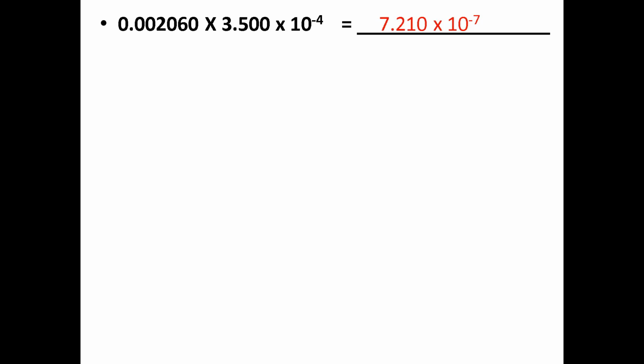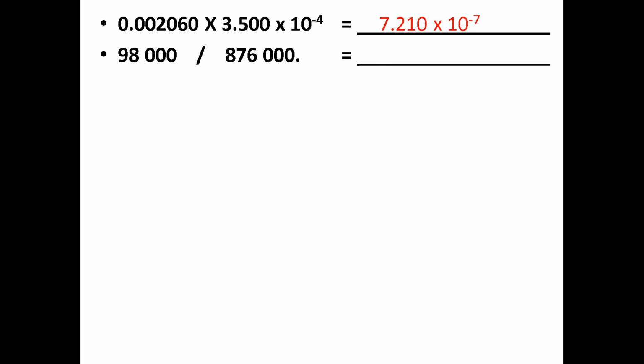In the scientific notation number, there's 4 because everything before the times sign counts. So we needed 4. So that's how I came up with the 7.21 or 7.210 because I needed a 4th significant digit there times 10 to the negative 7. So even if it rounds to a smaller number, you still got to fill in however many you need.